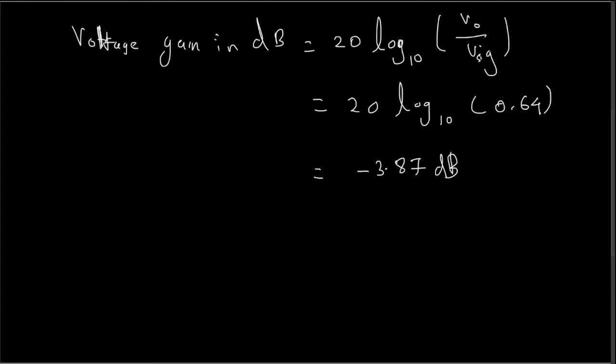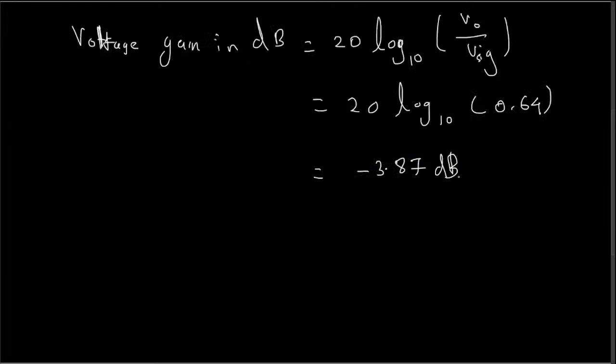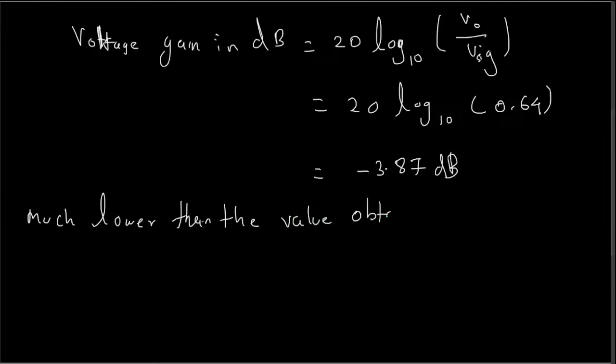And if you compare this one with part B, in part B we got 0.418 decibel, and here we are getting negative 3.87 decibel. So this one is much lower compared to the value we got in bootstrapping. So we can say that it is much lower than the value obtained by bootstrapping.